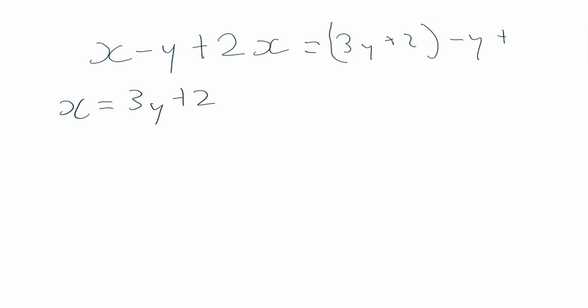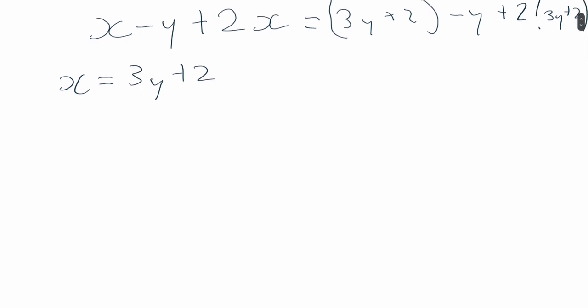So this other equation is going to be x equals 3y plus 2. So now we're going to substitute x for that. Okay, so this will equal 3y plus 2 minus y plus 2 times 3y plus 2.